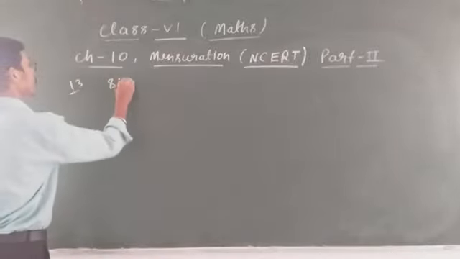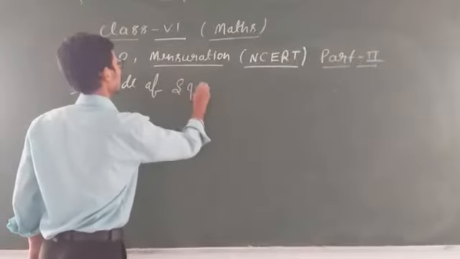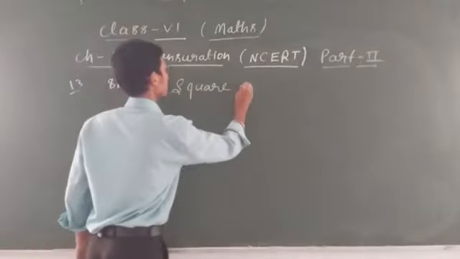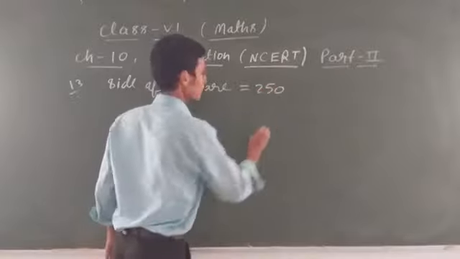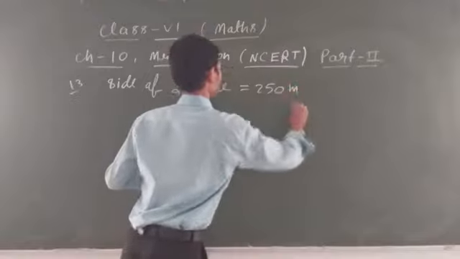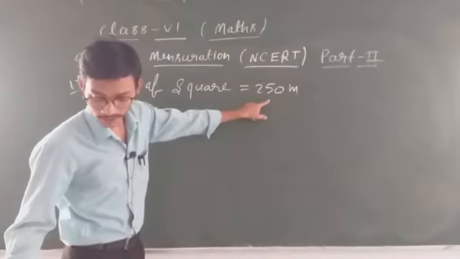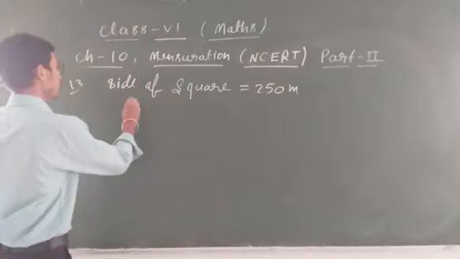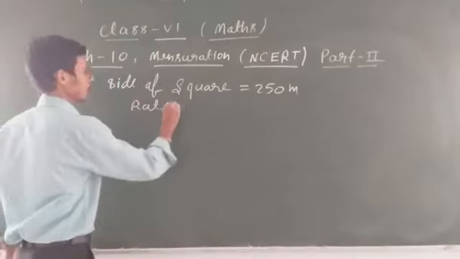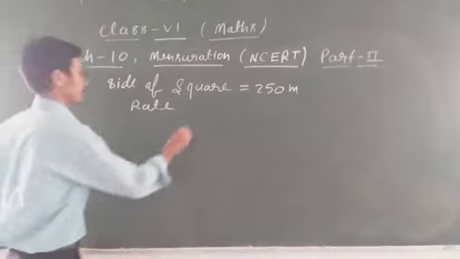Side of square equal to 250 meter is given. See student, what is given? Side of square 250 meter. The rate is given as 20 rupees per meter.